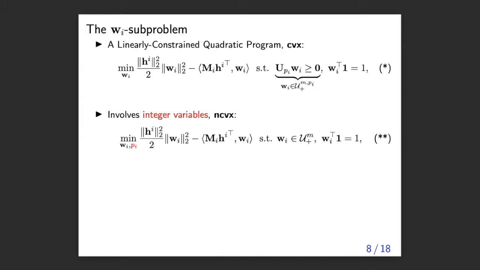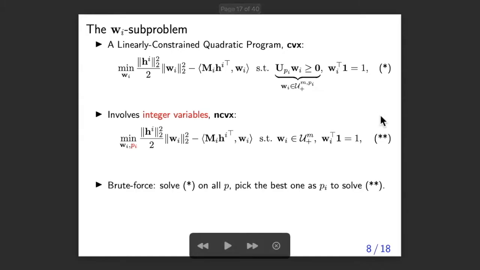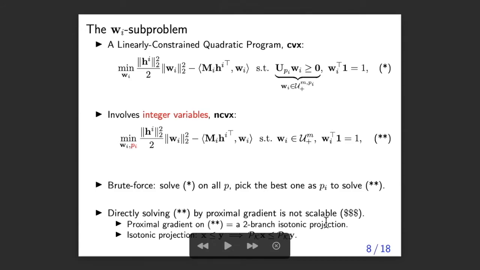So how to solve this problem? We use a very naive approach: brute force. Try all the P on star, and pick the best one as the solution for star. You may wonder, can we solve star directly? Yes, theoretically you can, but it is very expensive, so we don't do that.